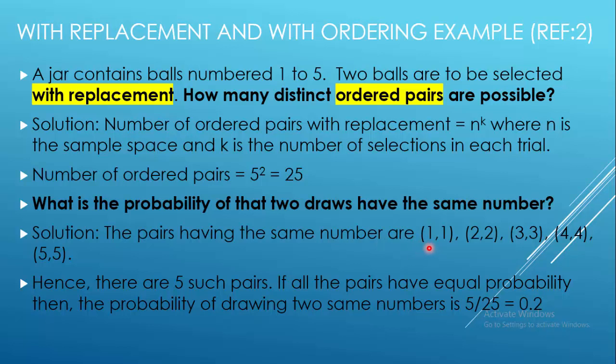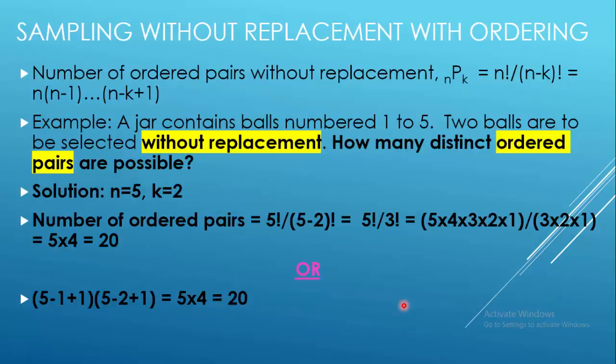How many such trials are possible? It is possible that you pick 1 1, or 2 2, or 3 3, or 4 4, or 5 5. So there are 5 such pairs. If all the pairs have equal probability, then the probability of drawing two same numbers is 5 divided by 25, which is equal to 0.2.